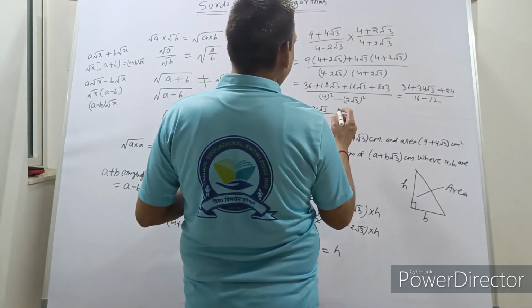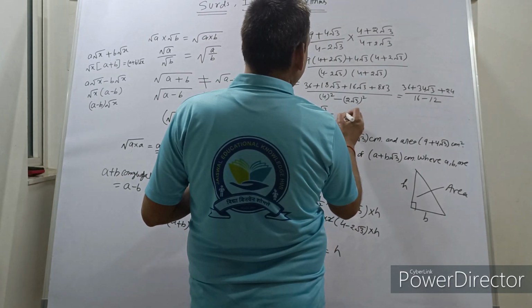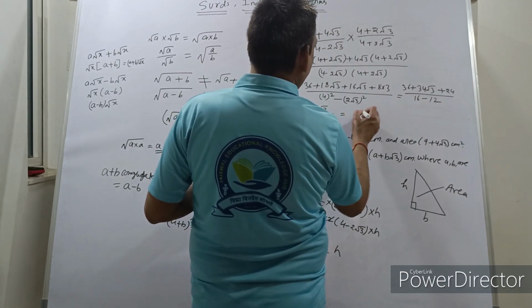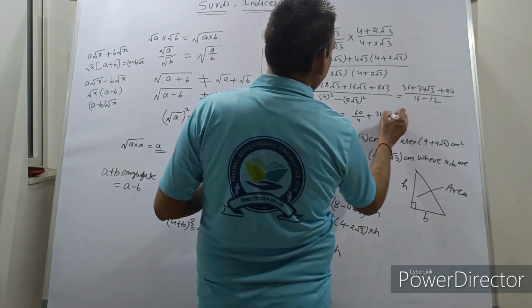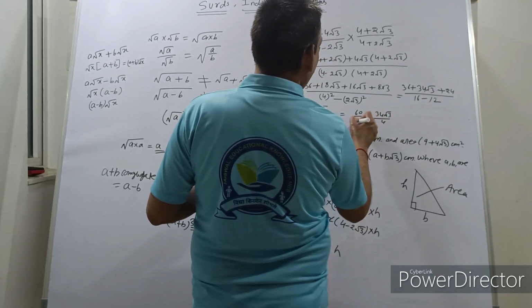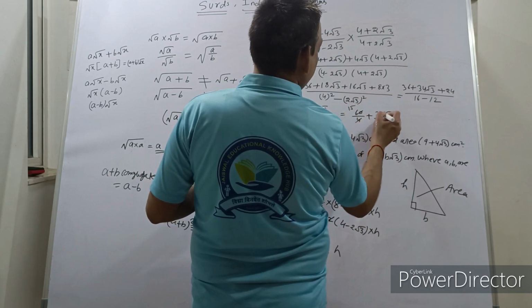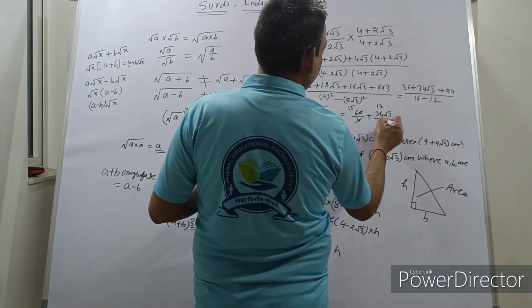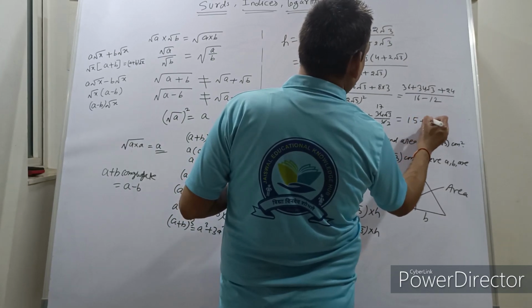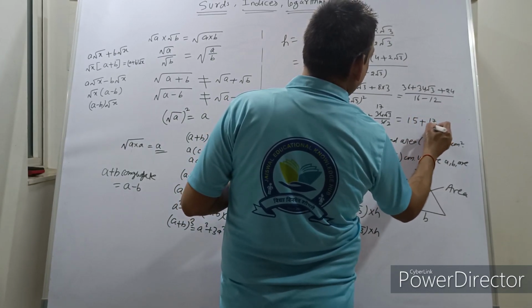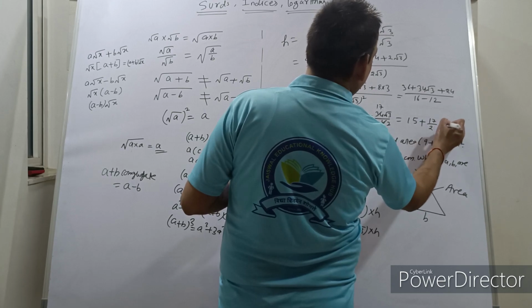So let's take the 2 common, or you can just do 60 upon 4 plus 34 root 3 upon 4. So 4 15s are 60, and this you can cancel, 17 2s, 2 2s. So the answer is 15 plus 17 upon 2 root 3.